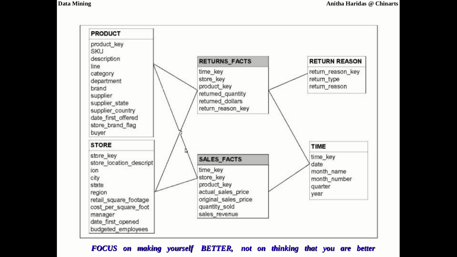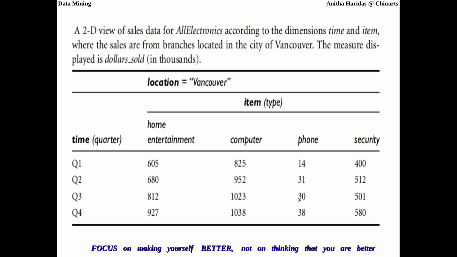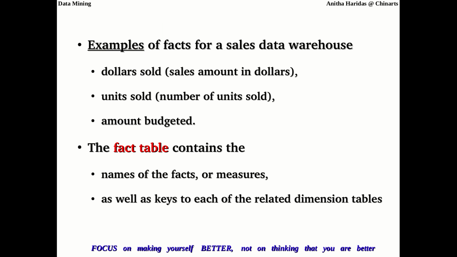This is how a multi-dimensional data model will be represented. That contains the central theme in the form of fact table and the perspectives. The central theme is based on different perspectives, which you call as dimensions, and these dimensions are represented as dimension tables. So, this is how a multi-dimensional data model will be represented.